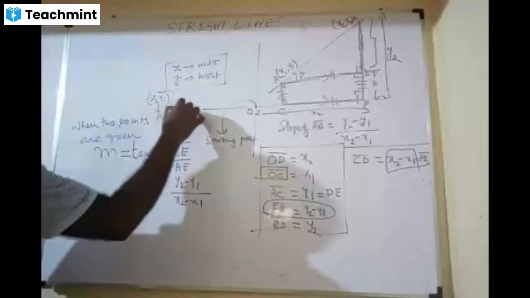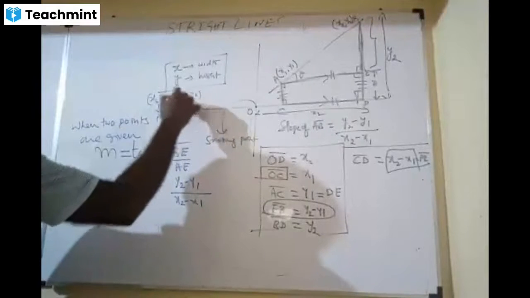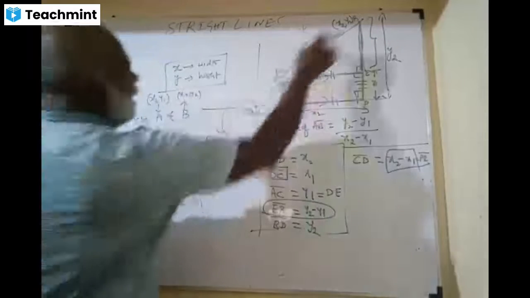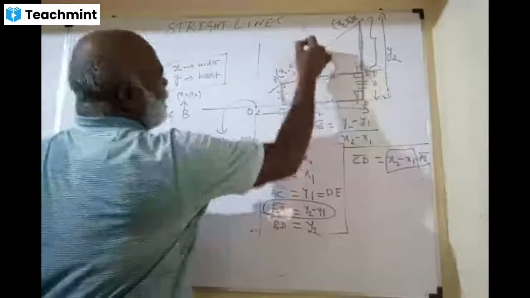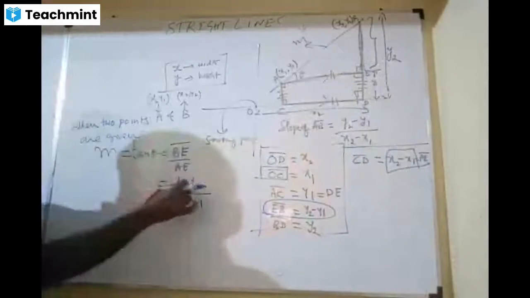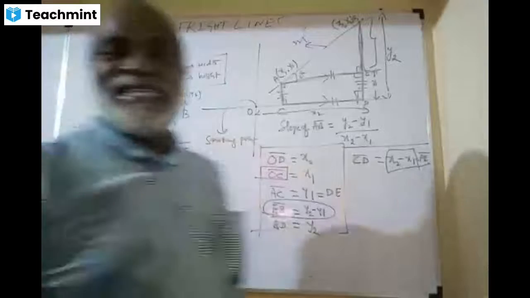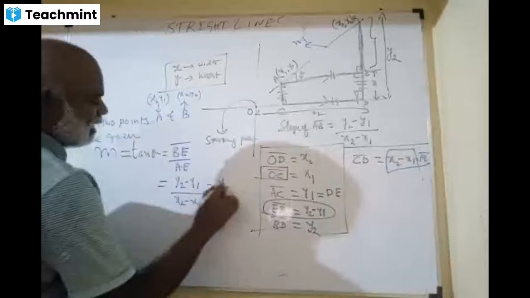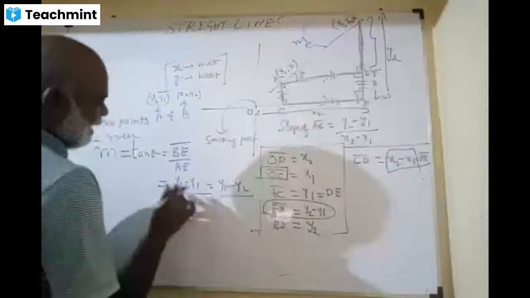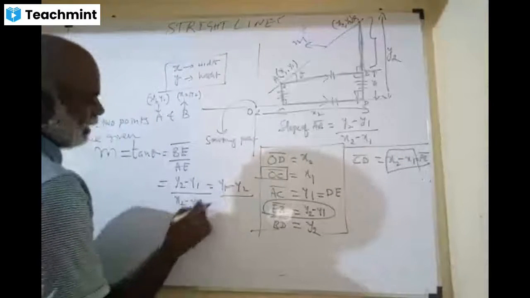What is B? X2, Y2 are given. Like this, A and B are given. What is the slope of this line? It was y2 minus y1 by x2 minus x1. That's a brilliant point. Not only this, you could also write y1 minus y2 by x1 minus x2.